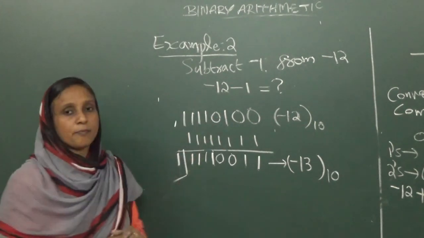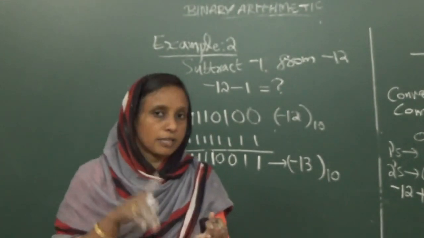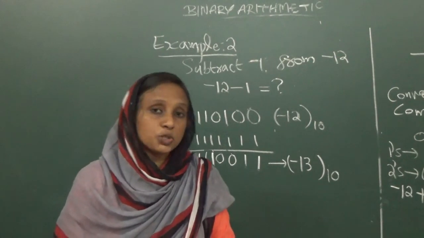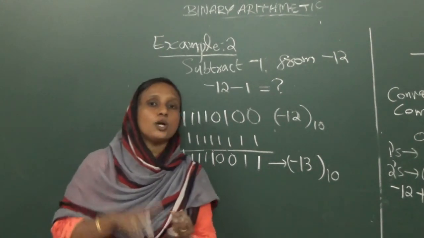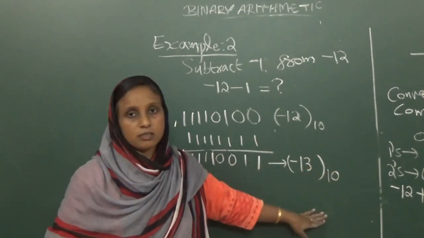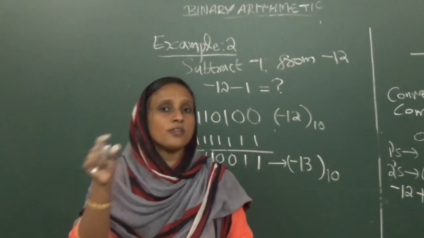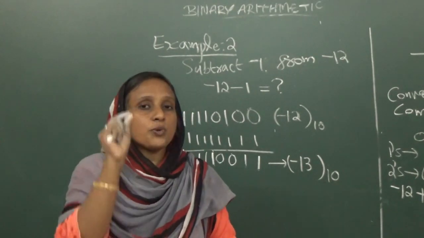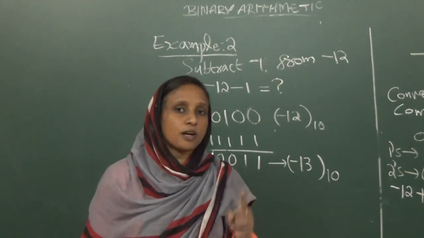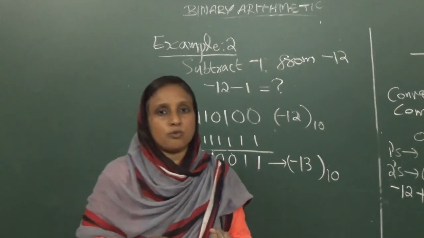So in this example, we subtract a positive number from a negative number. Actually, this is equivalent to adding two negative numbers. That is what happened here. We already wrote minus 12. Since this 12 is a negative number, we have to represent it using 2's complement form. That is what we have done first. First take 2's complement of 12.